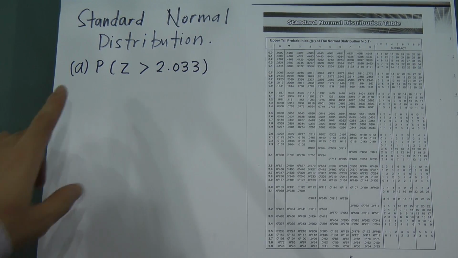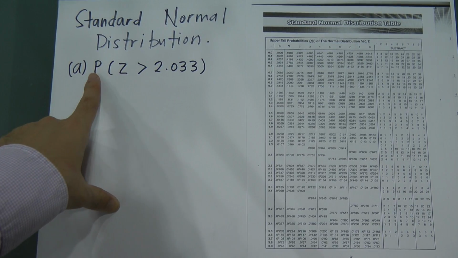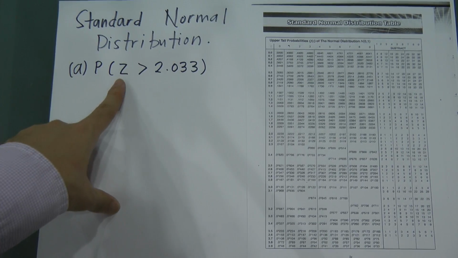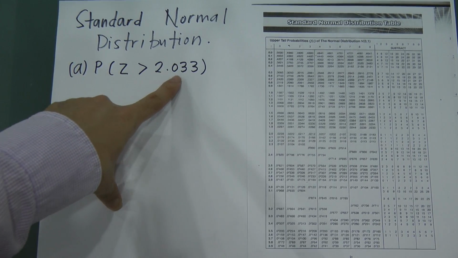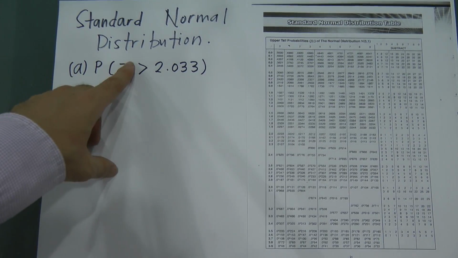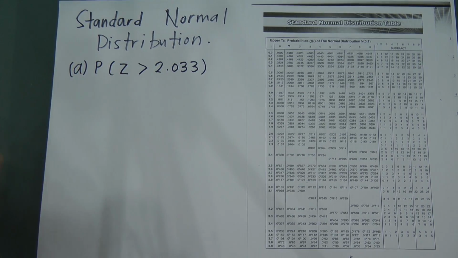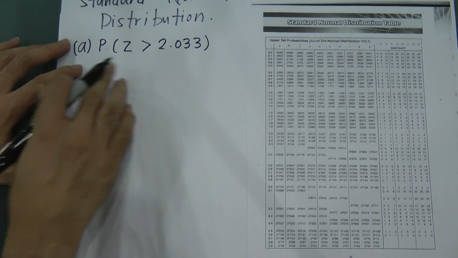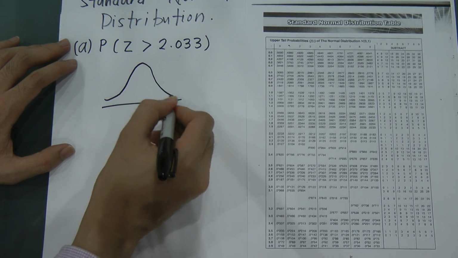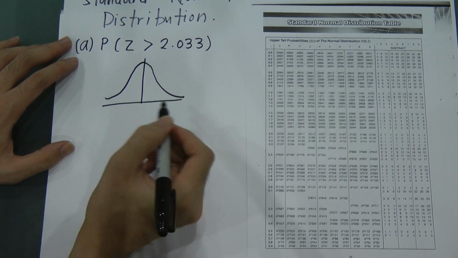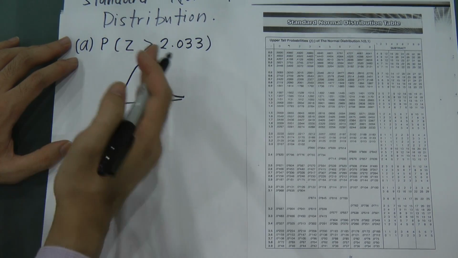The first question asks, where P stands for probability, z bigger than 2.033. When you see bigger, it means go this direction. Imagine this is the bell diagram and I cut it in half. Bigger means go this direction.